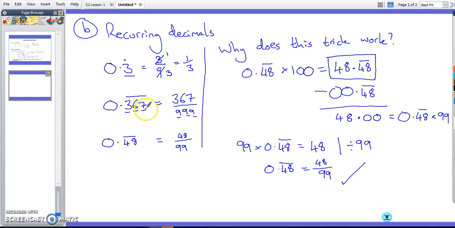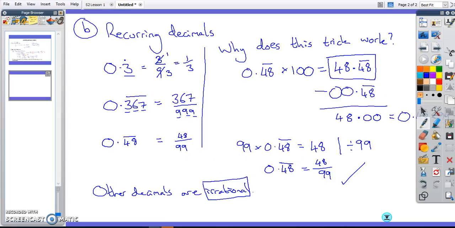As a final exercise then, because we've finished, we don't have any other types of decimals that can be made into fractions. Other decimals are irrational. I would like to combine what we've done so far.